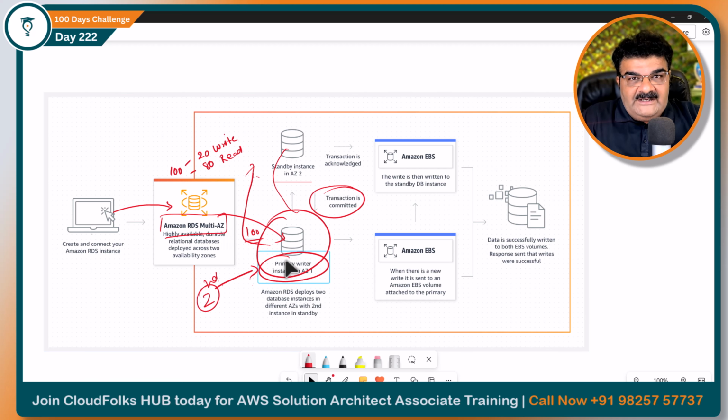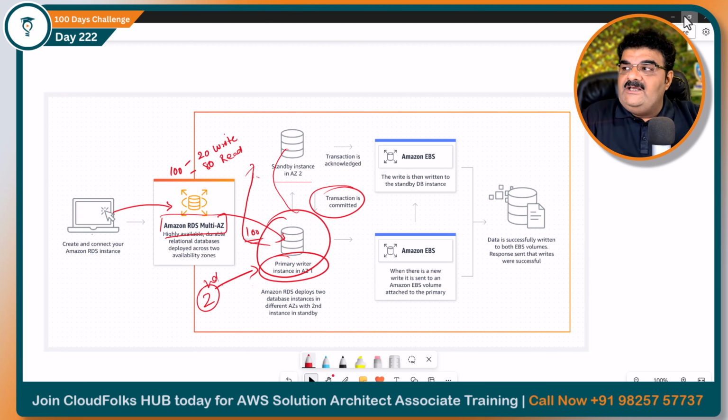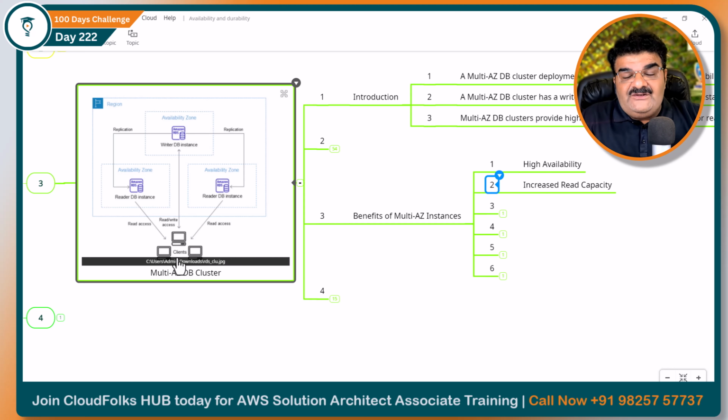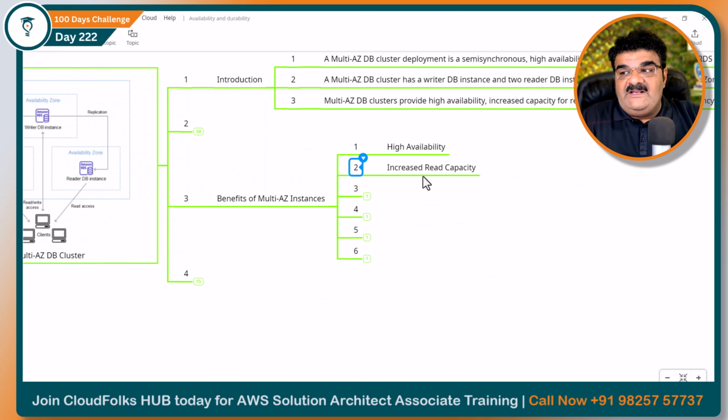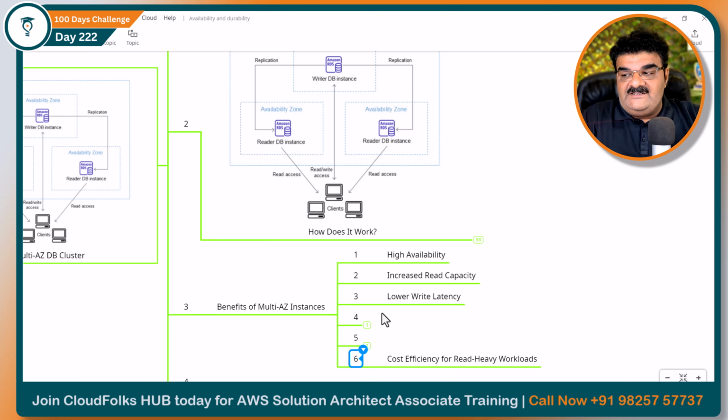There is no read faster, nothing, because here everything will be handled by only the primary instance. It is handling both read and write. Here we have two specifically designated reader instances managing read traffic, so read requests, so it will provide you better performance.